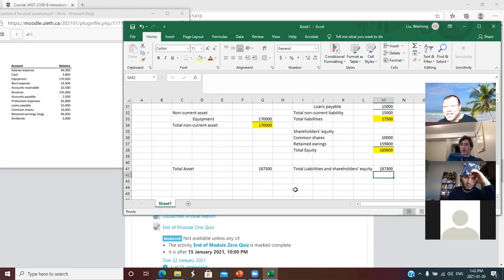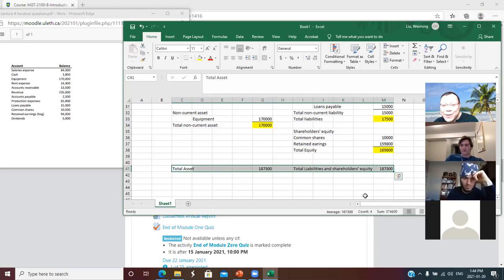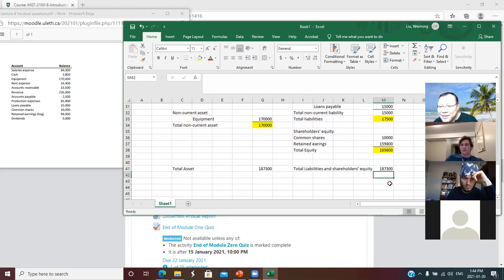And magic, wow, I'm so happy. My heart was pounding. I was so afraid that these two numbers would not agree with each other. I'd be in big trouble, right? The total asset should equal the total liabilities and shareholders equity. If you see, they are exactly the same.